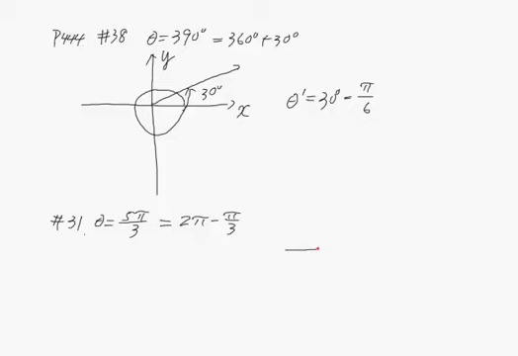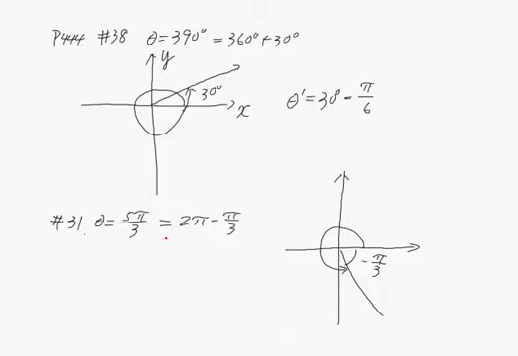So let's draw the sketch. We know 2 pi is 1 revolution, and this is pi over 3 short of 2 pi. So let's first draw negative pi over 3. Negative pi over 3 is like this. So 2 pi minus pi over 3, that should be this angle. So that is 5 pi over 3.